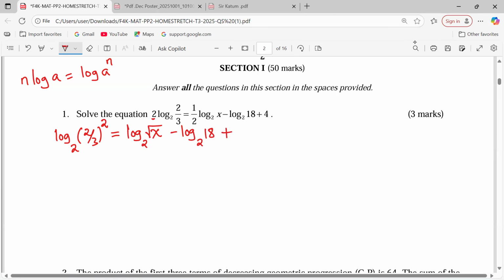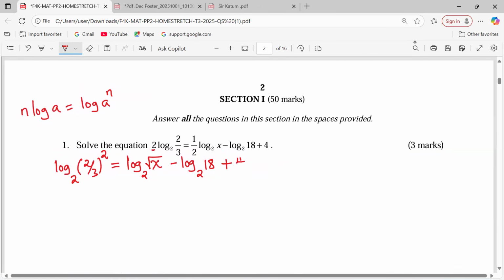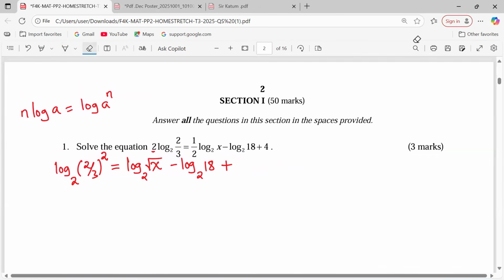Then plus 4. To reduce steps, allow me to talk about the logarithm of a number to the same base being equivalent to 1. In this question, base 2 has been used, meaning that we can introduce the logarithm of 2 to base 2 where there is a constant 4.